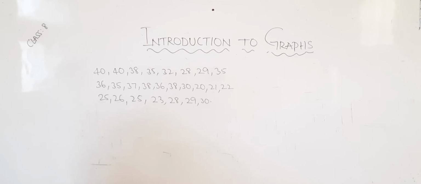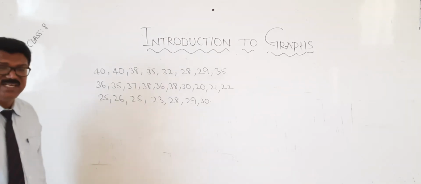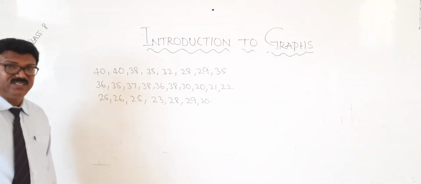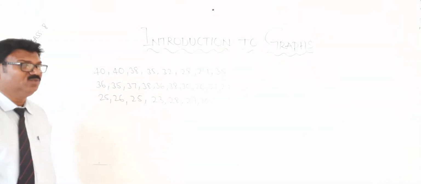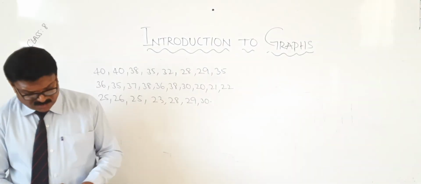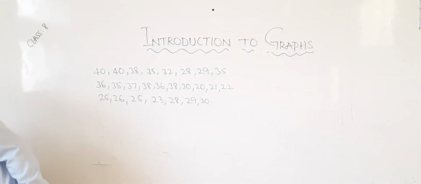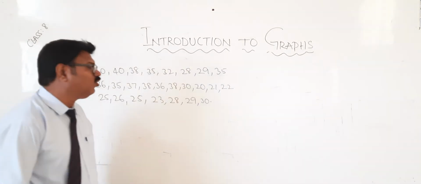So we have already done representing them in a systematic manner like tally marks. Tally marks we have seen or not? Yes. But in tally marks we have done individual numbers, not grouped methods. Okay, here you will see grouping method.